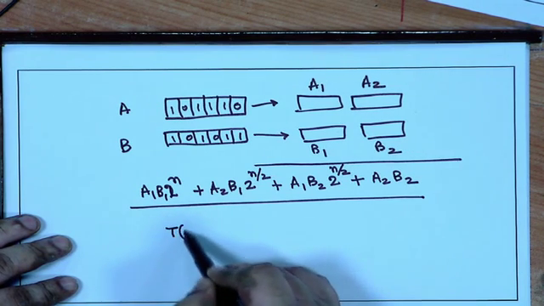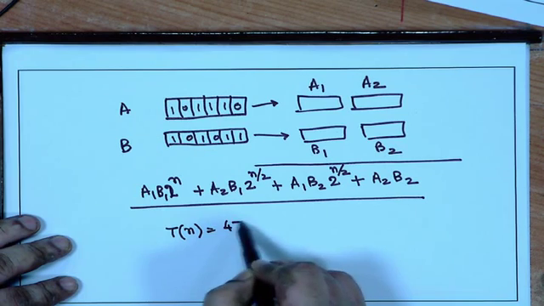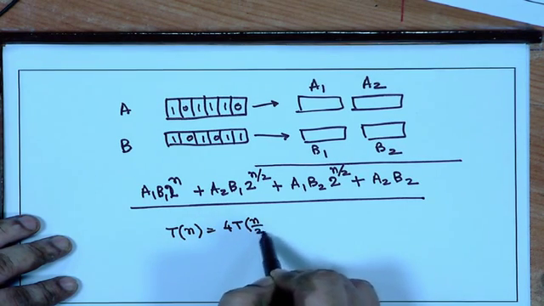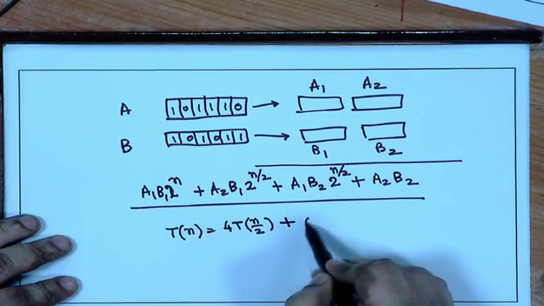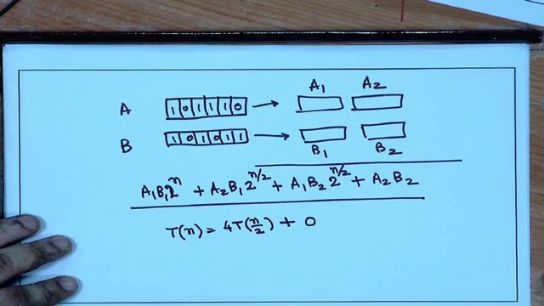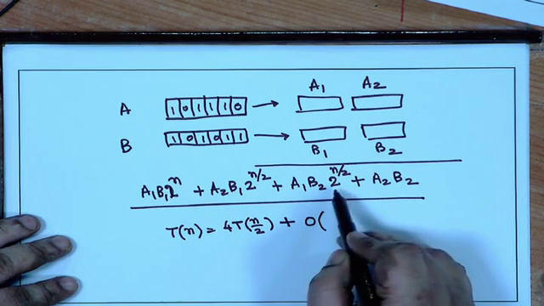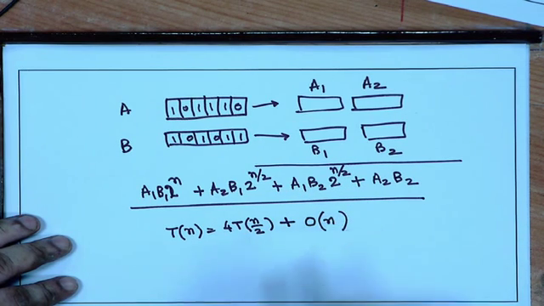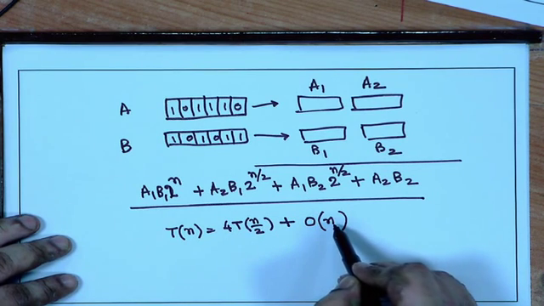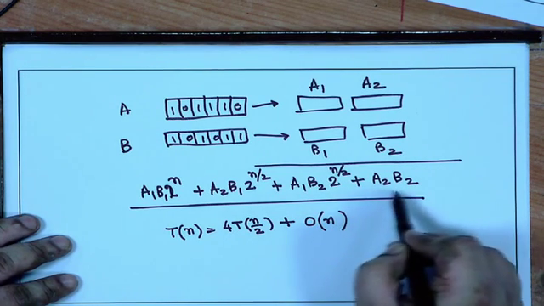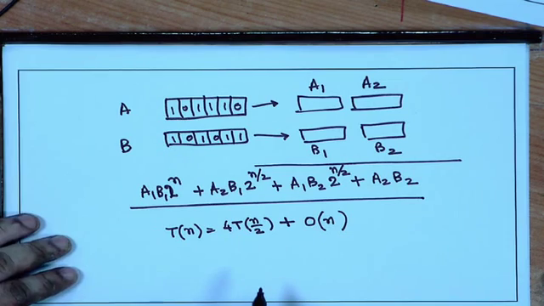So, for T n, I end up with 4 T n by 2 plus order of what? This is multiplication and shift. So, shift is order n. So, this will eventually still turn out to be order n squared.